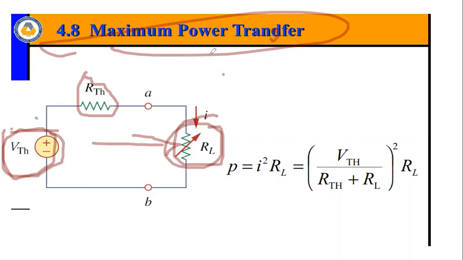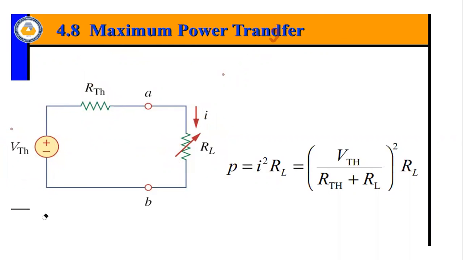We can derive it here. You can see the derivation. Power in this circuit will be I square RL. I will be voltage divided by total resistance. Voltage is VTH, resistance is RTH and RL.